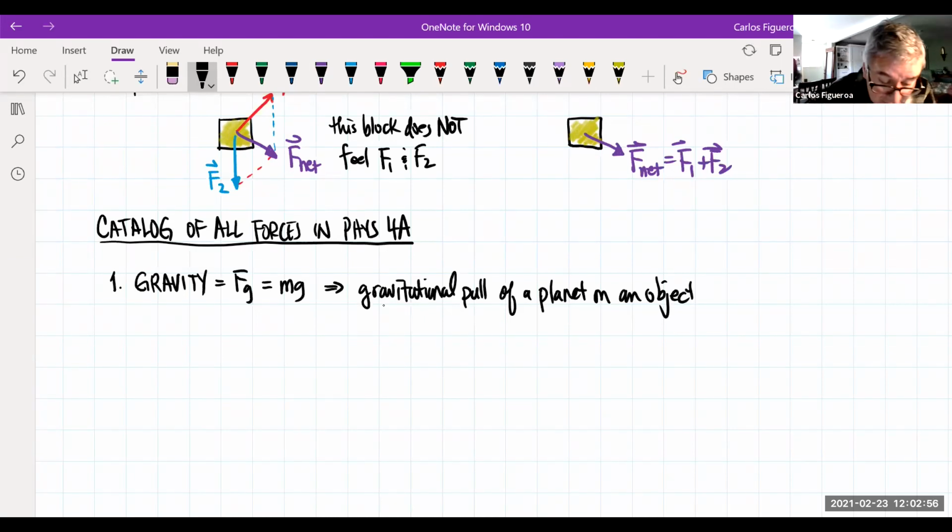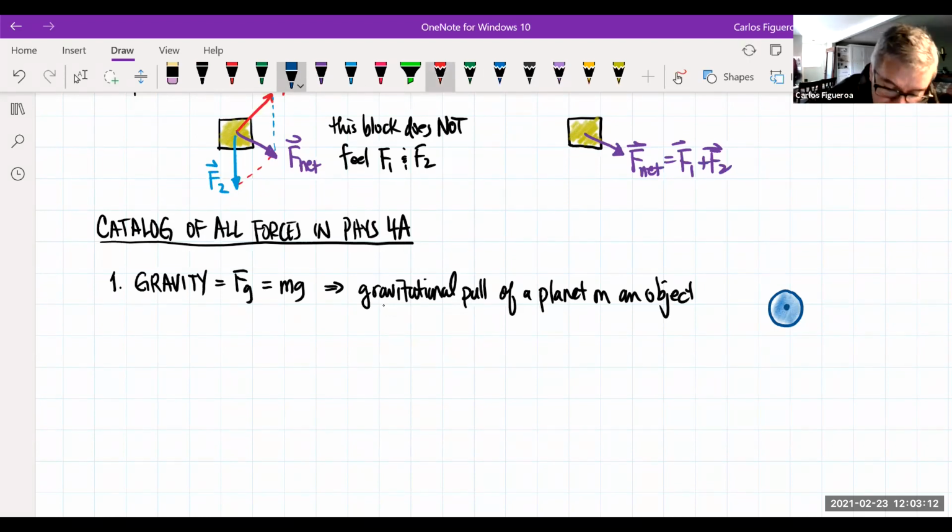So when I think about this picture here, what I really mean is that I have Earth here. And what we know is that right at the center of the Earth is where that force is pointed.